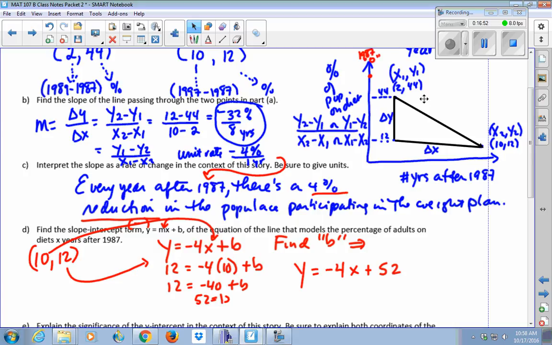So instead of decreasing my y value by 4%, what would I do if I'm going back in time? Increasing. So if I went back to my point located at 1, it would be 48, because I'd add 4 to 44, and then to go back one more step, I'd add another 4, and I'd get to 52.